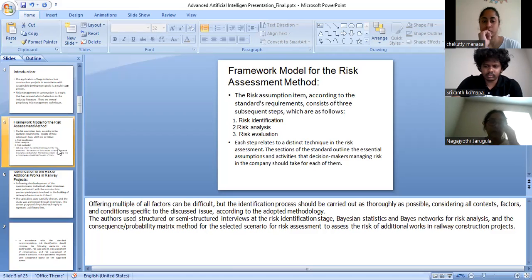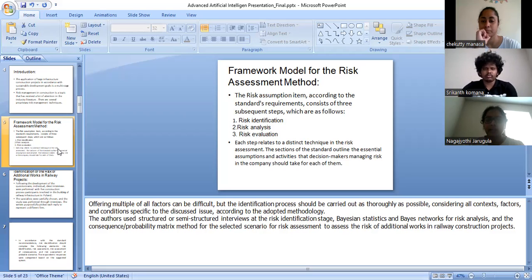Identifying all factors can be difficult, but the identification process should be carried out as thoroughly as possible. Consider all contexts, factors and conditions specific to the discussed issue according to the adopted methodology. Each step is related to a distinct technique in the risk assessment.